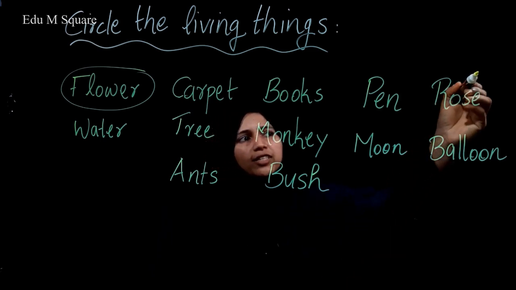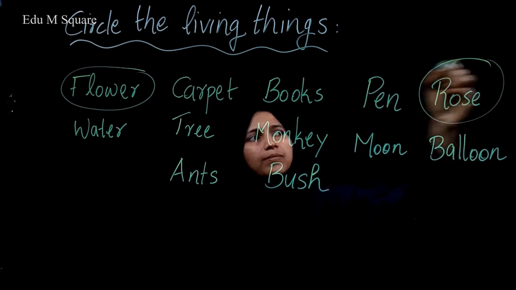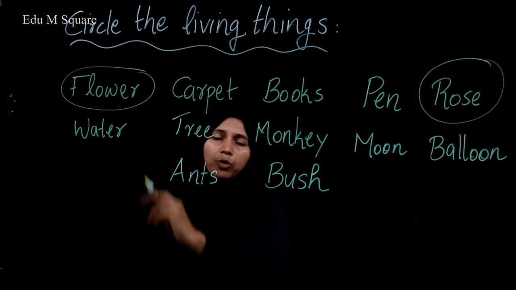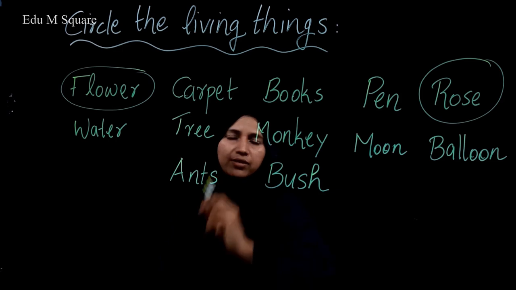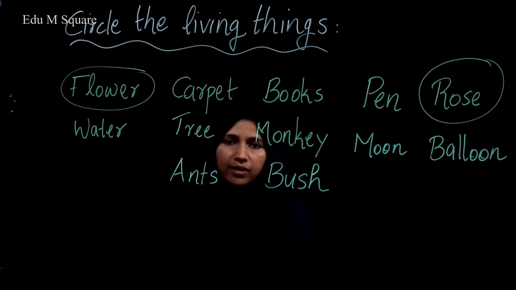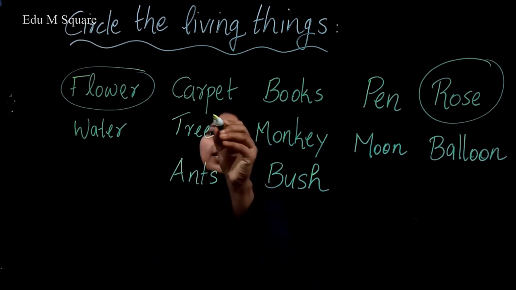So we can circle it. What about water? Does it grow? No. So water is not a living thing. Tree. Yes, we all know tree needs water to grow and they grow in size. So tree is a living thing.